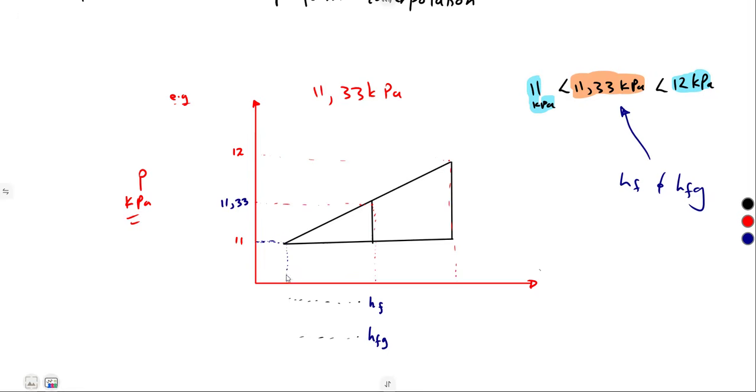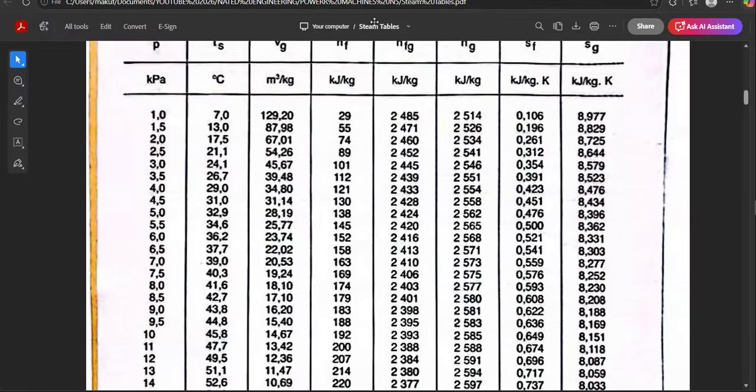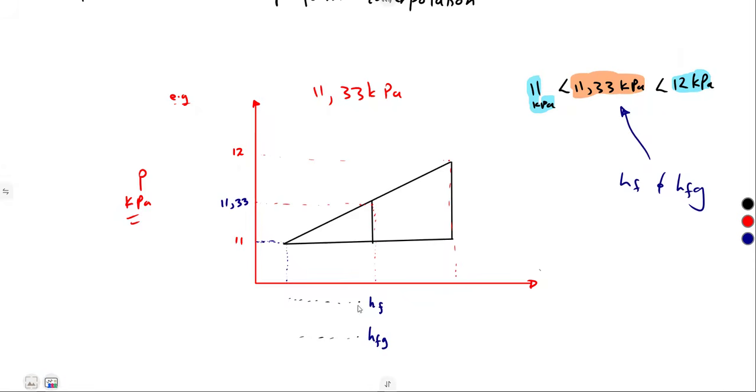HF at 11, we saw that the value is 200. So you take that value as it is, 200.